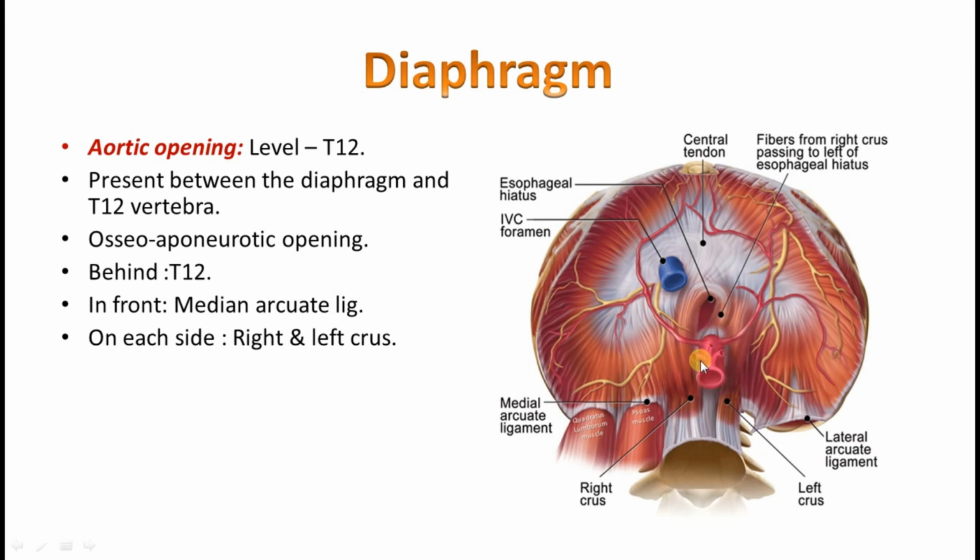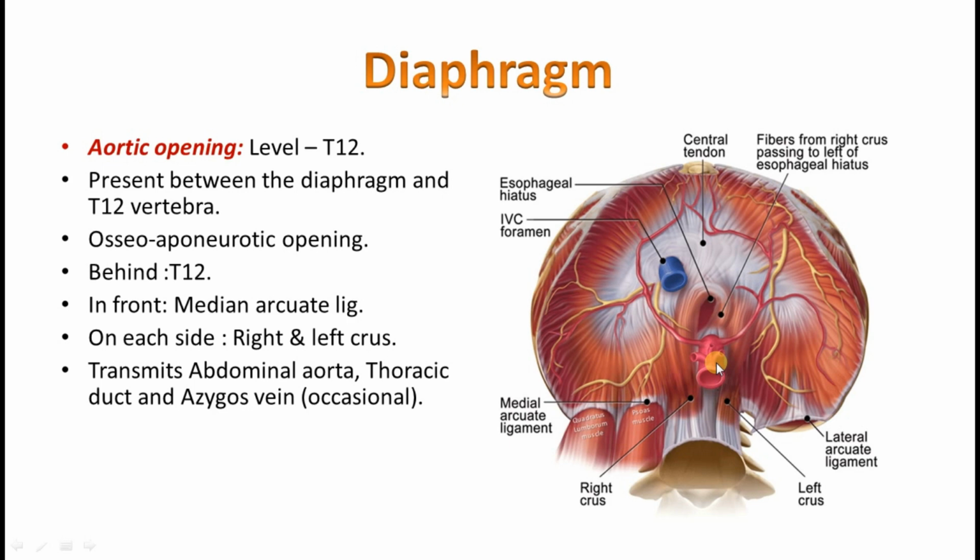What is transmitted mainly is the descending thoracic aorta, which continues as the abdominal aorta. Apart from that, it also transmits the azygos vein if the azygos vein arises as a lumboazygos.